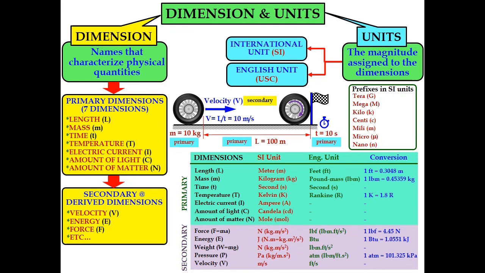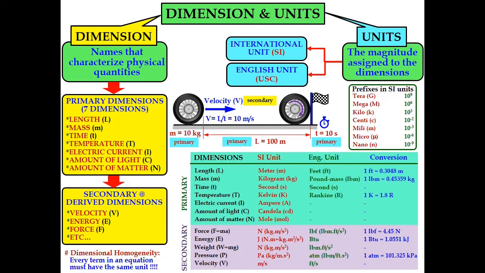For example, we can use tera, mega, kilo, centi, milli, micro, nano, where tera is 10 power of 9, mega 10 power of 6, kilo 10 power of 3, centi 10 power of negative 2, milli 10 power of negative 3, micro 10 power of negative 6, nano 10 power of negative 9. We use these prefixes in SI unit to shorten the numbers of a specific dimension.